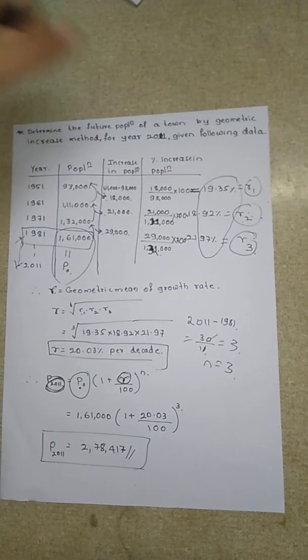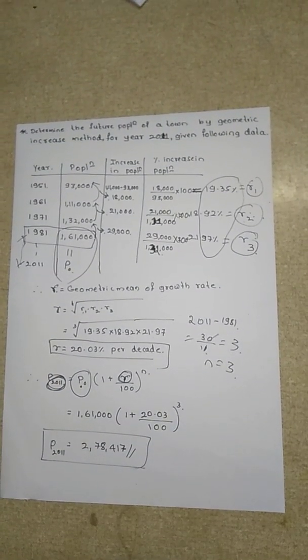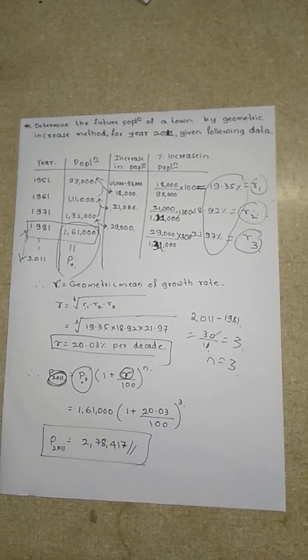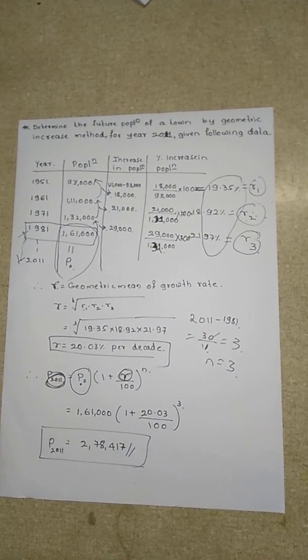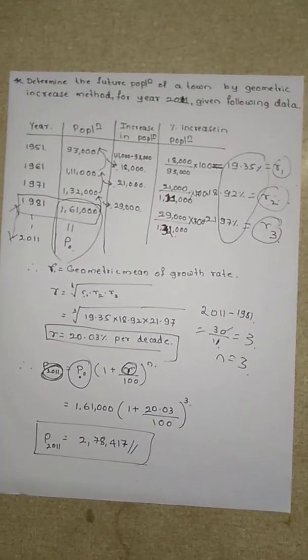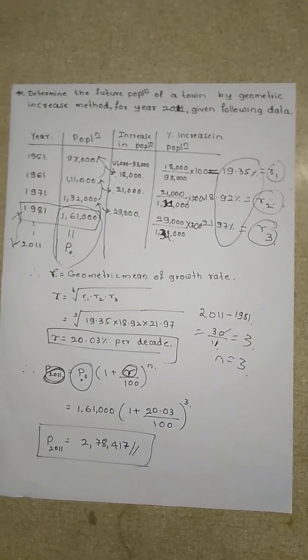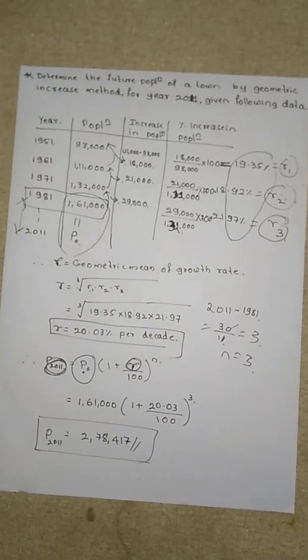To find the percentage increase, you first need to find the increase in population. For that, between two consecutive decades, you deduct the lesser value of the population.